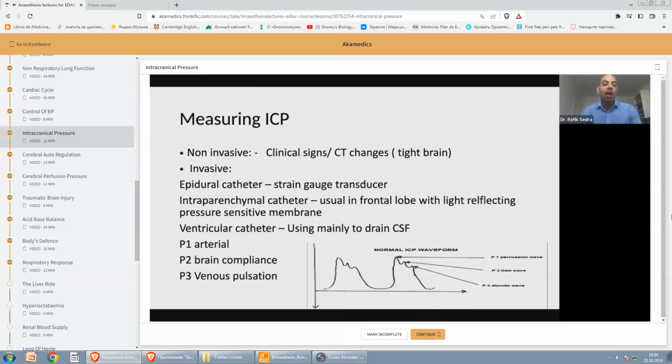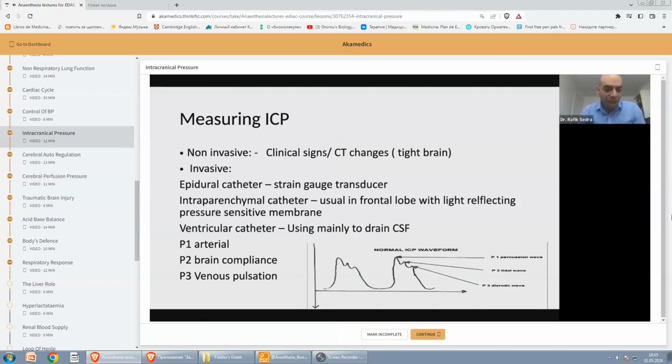The other way is invasive, which we all use in neuro ICU. You can start with simple things like an epidural catheter. The other way, which is quite famous, is the intraparenchymal catheter, where you put a catheter in the frontal lobe of the patient.